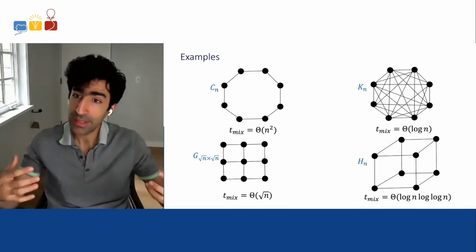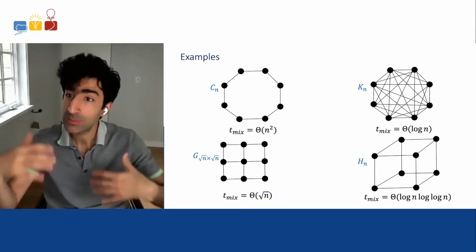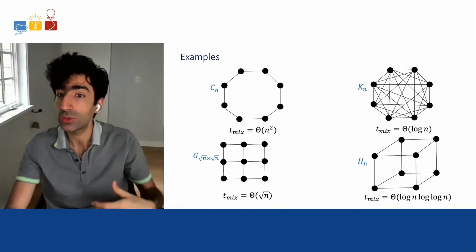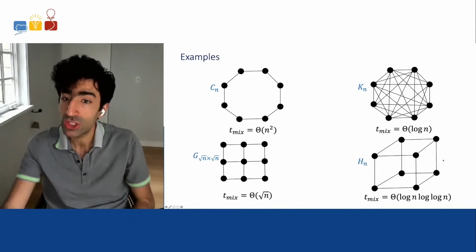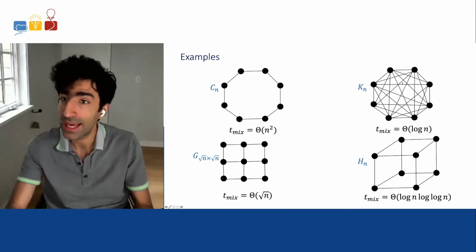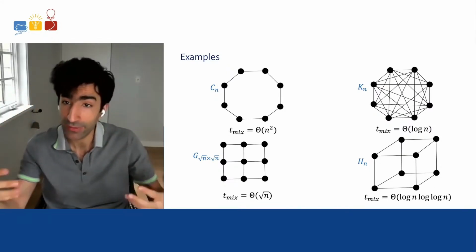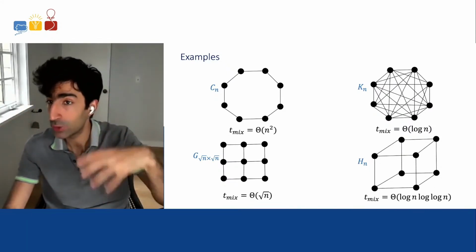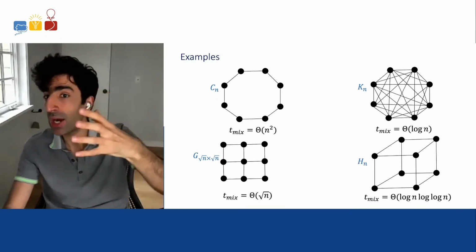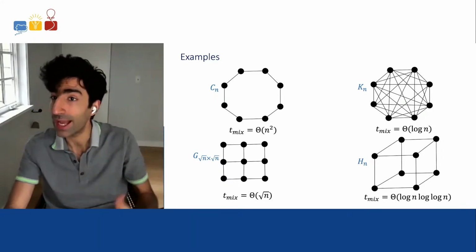But as I said at the beginning of the talk, the distributions that we are interested in have exponentially large support. So ideally, we would like to design Markov chains which look like the hypercube or a complete graph, meaning that even though these Markov chains are over exponentially many vertices, your mixing time is only logarithmic or maybe polylogarithmic, and that will allow you to say that you will get a random sample very fast.